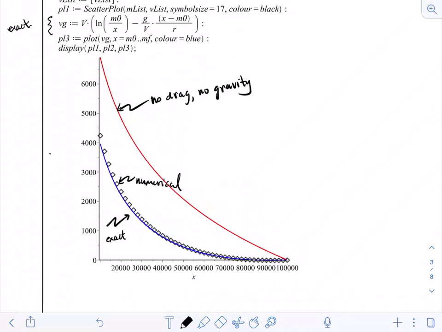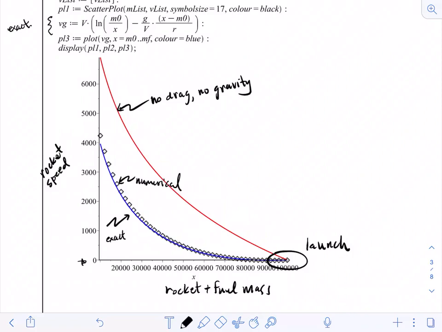So in this plot, the vertical axis is the rocket speed, and here is the rocket plus fuel mass. Out here is the point that the rocket is launched, where we have the full 100,000 kilograms of rocket plus fuel, and the speed starts at 0.